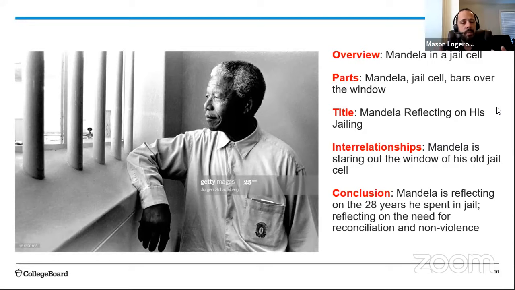And you can just imagine what's going through his mind in this moment, how he's reflecting on his time there, but also again, on those ideas of nonviolence and of reconciliation, when a lot of us would be tempted to get revenge and violence on those that placed us here. So again, you bring in that outside information to better understand the source.